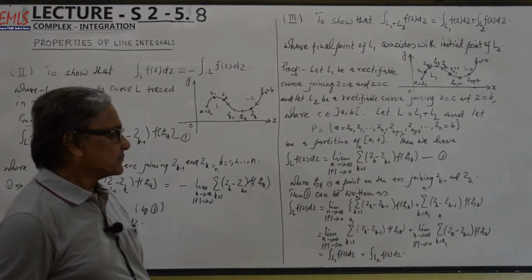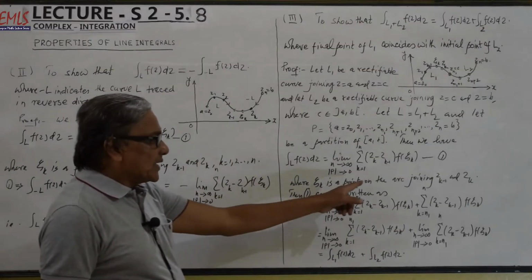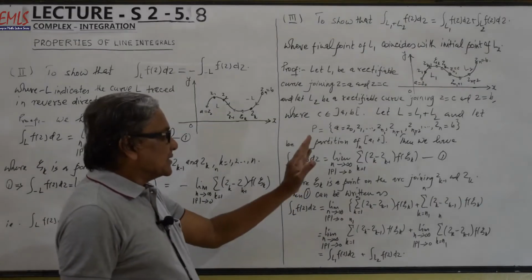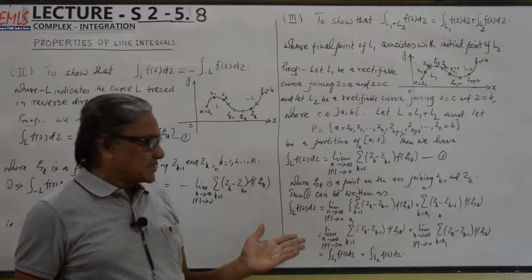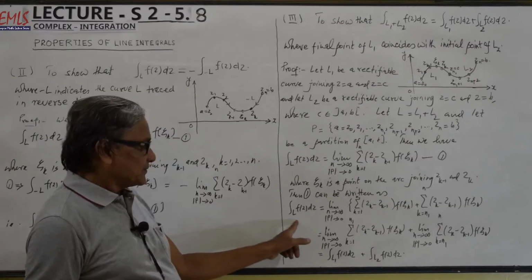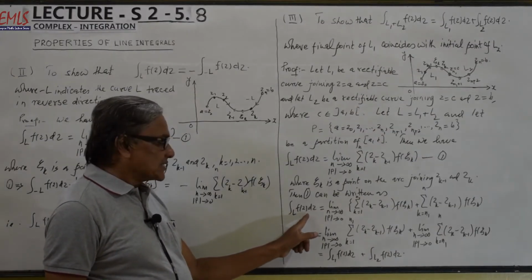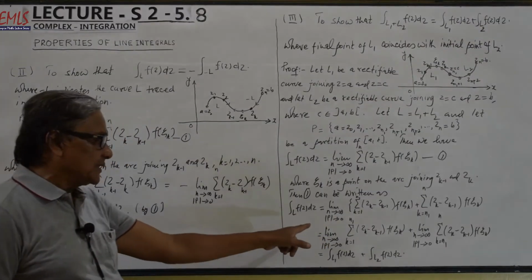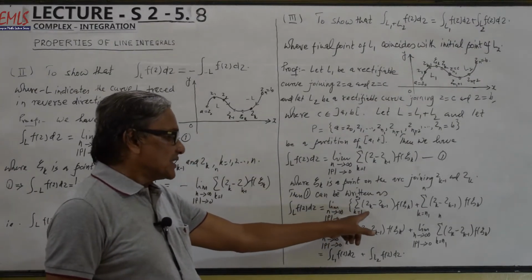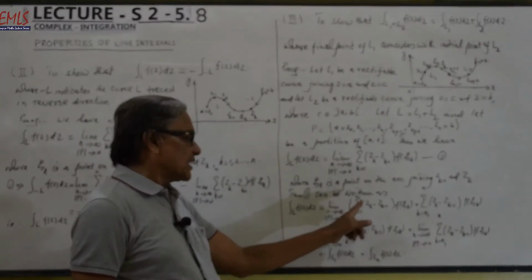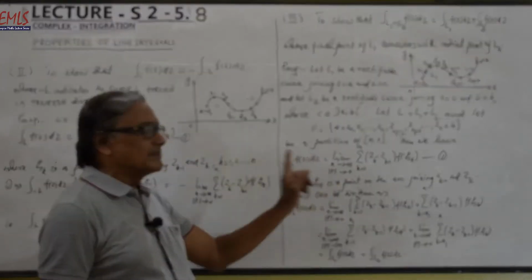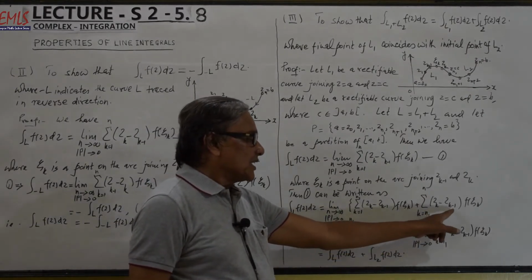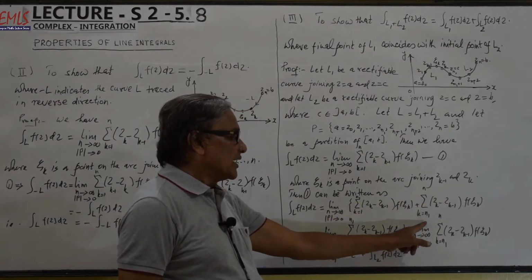By definition, where xi k is a point on the arc joining zk minus 1 and zk, this one can be split in two parts like this. Integral over L f(z) dz equal to limit n tending to infinity, norm p tending to 0, sigma (zk minus zk-1) f(xi k), k equal to 1 to n1 plus sigma (zk minus zk-1) f(xi k), k equal to n1 to n.